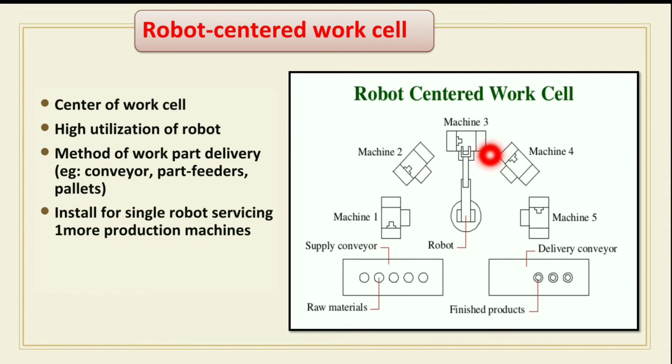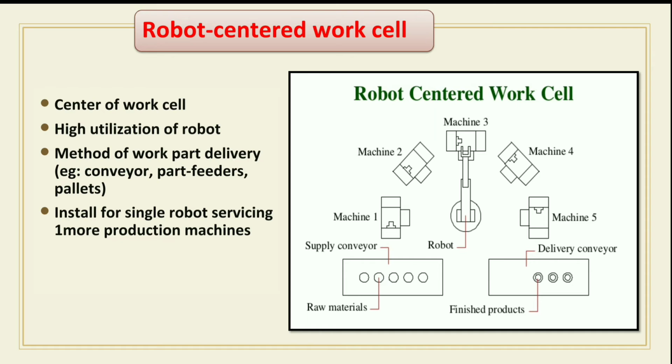So with this robot-centered cell arrangement, a method for delivering the work parts into and out of the cell must be provided. So conveyors, part feeders, or different pallets are used, for functions such as machining and die casting. These devices present the parts to the robot at locations or orientations for pick and place.